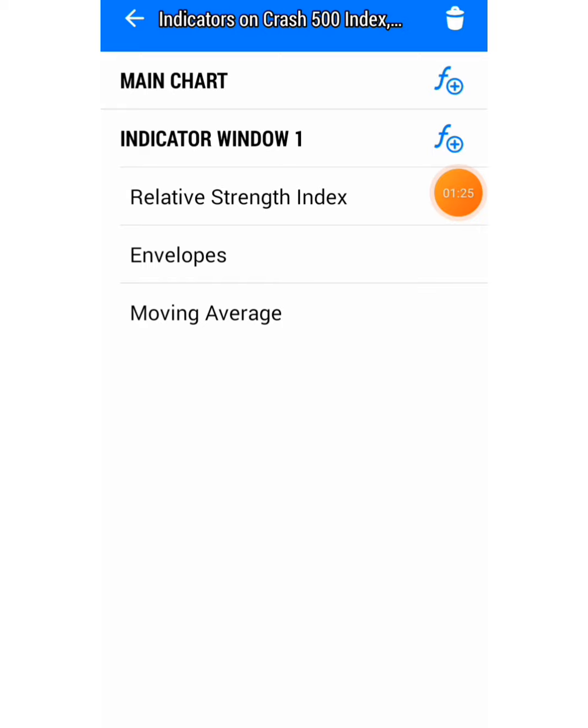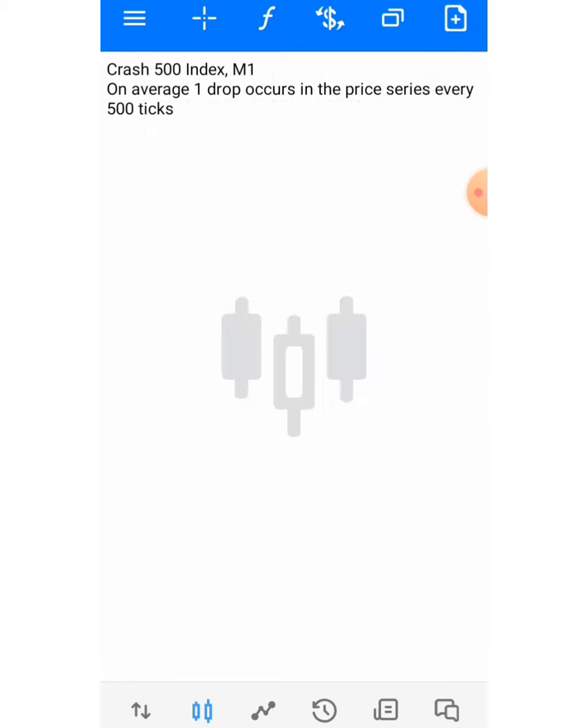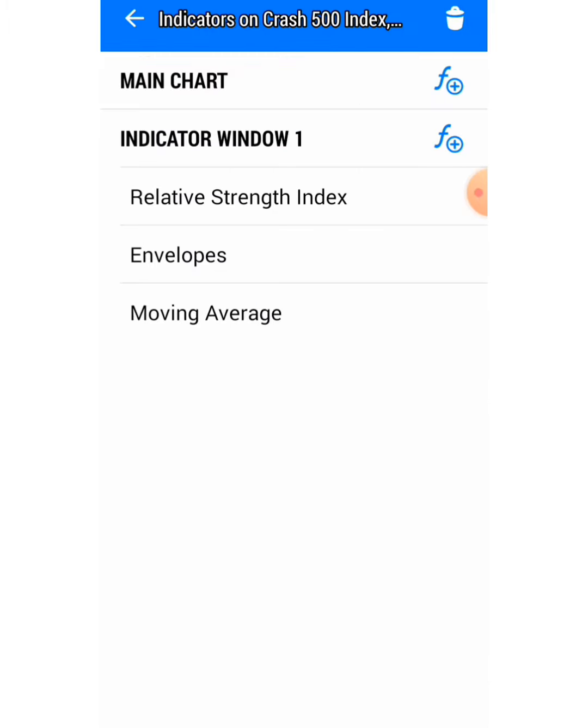For the RSI, the period is 14, applied to close, style 3 pixel, color of your background. The levels are not necessary for now. Then you click done, then you click envelopes.